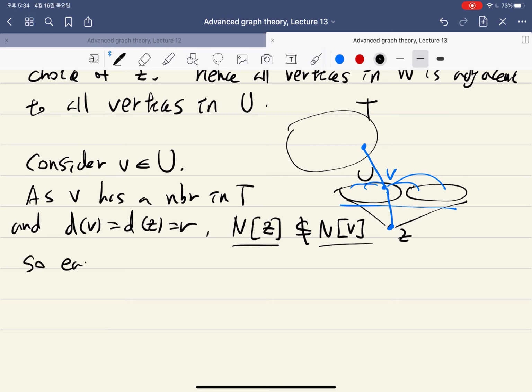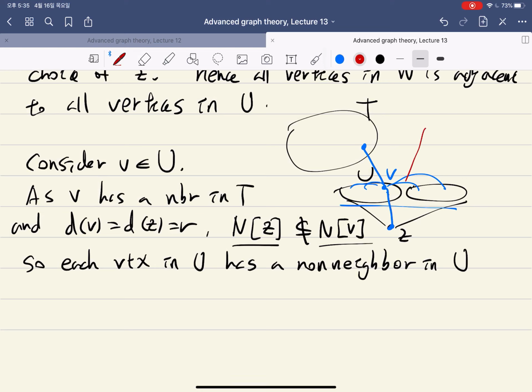So each vertex in U has a non-neighbor in U, because this part is in W, and we already showed that these form a complete bipartite graph.